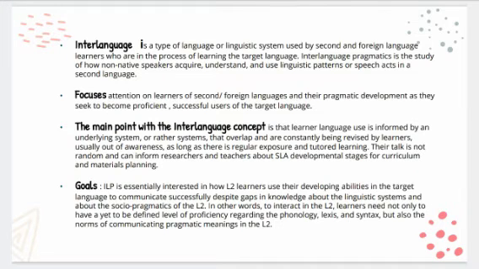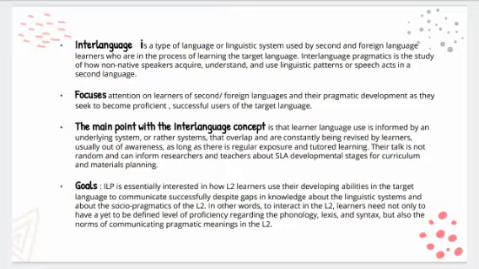Next is the main point. The main point, the first, is that interlanguage is a type of language or linguistic system used by second and foreign language learners who are in the process of learning the target language.